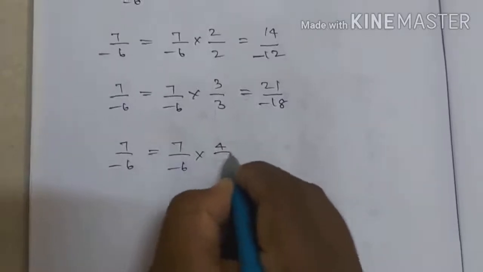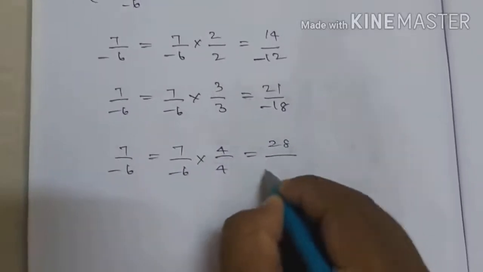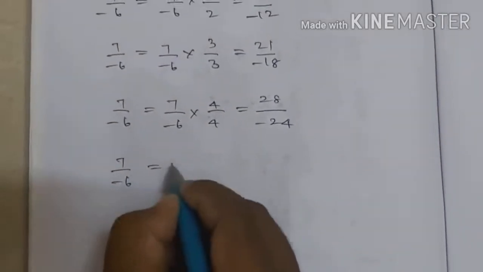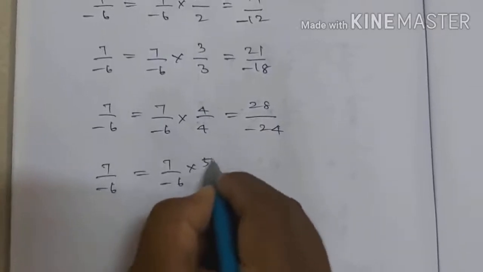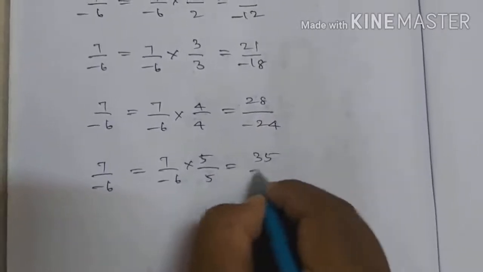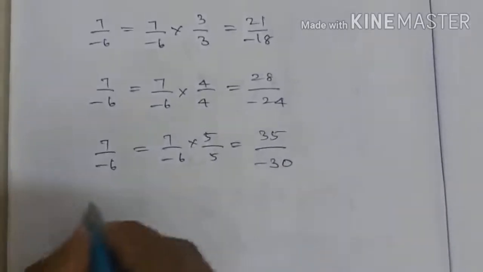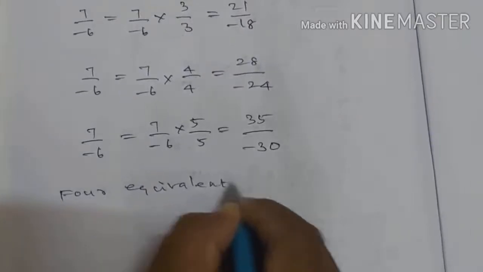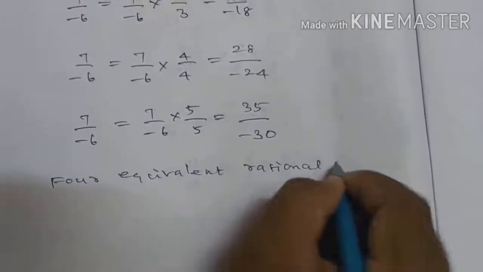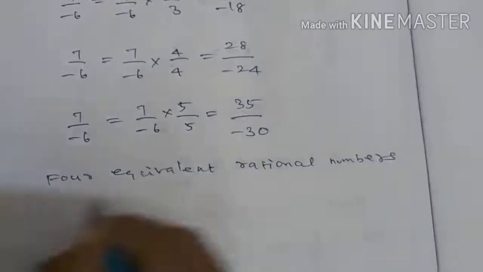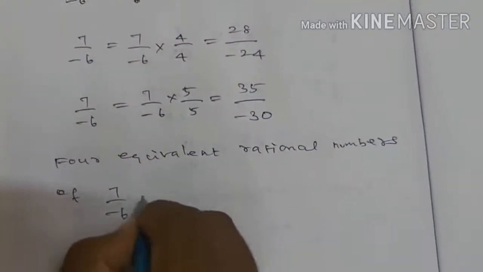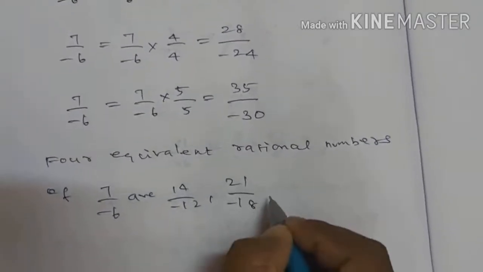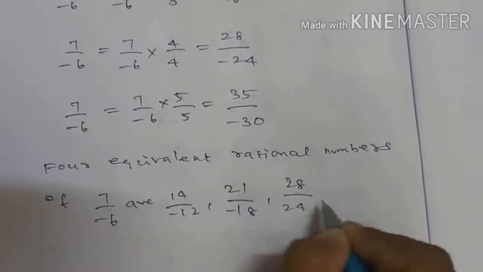The answer is 7 fours are 28, 6 fours are -24. In the same manner, again you multiply by 5: 7/-6 times 5/5 equals 35/-30. So the 4 equivalent rational numbers of 7/-6 are 14/-12, 21/-18, 28/-24, 35/-30.